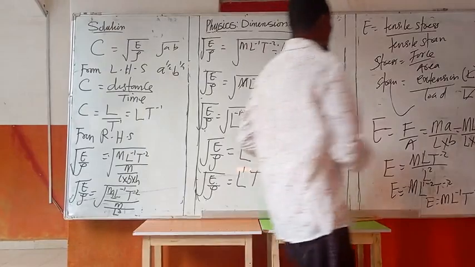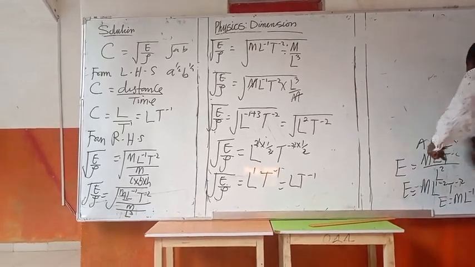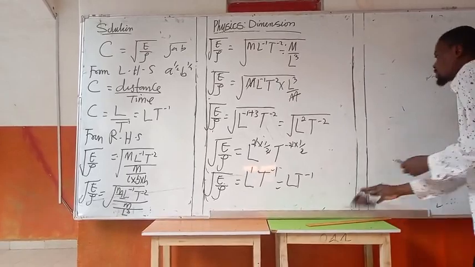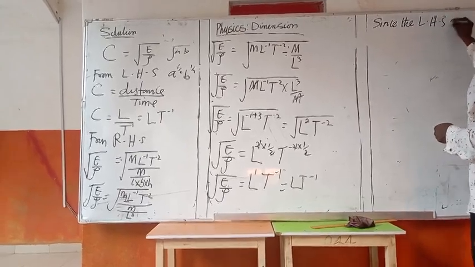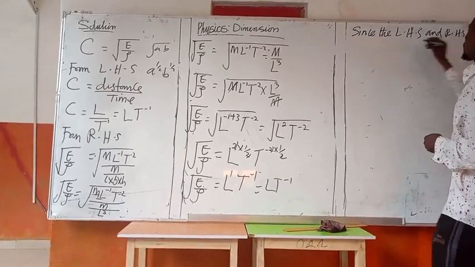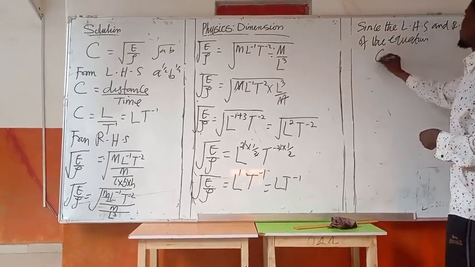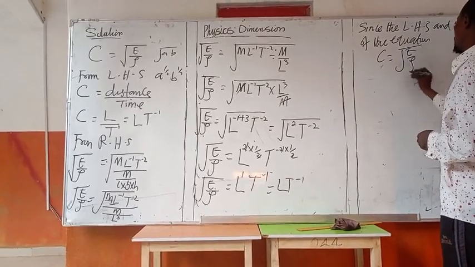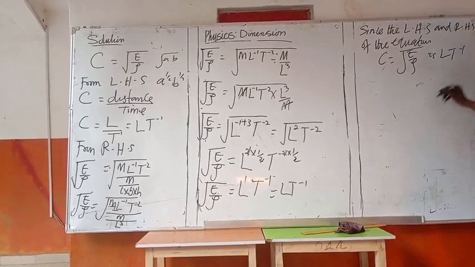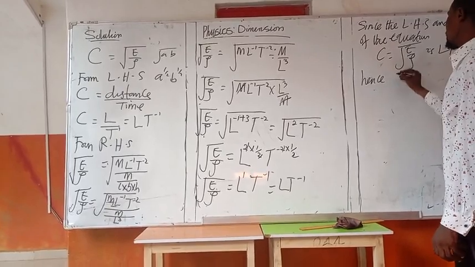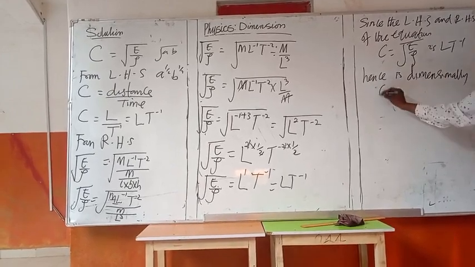You now come back here and say that since the left hand side and right hand side of the equation c is equal to the square root of E all over rho are both L T minus 1, it is dimensionally correct.